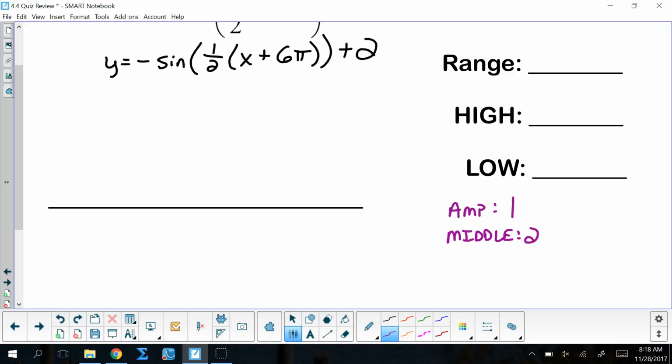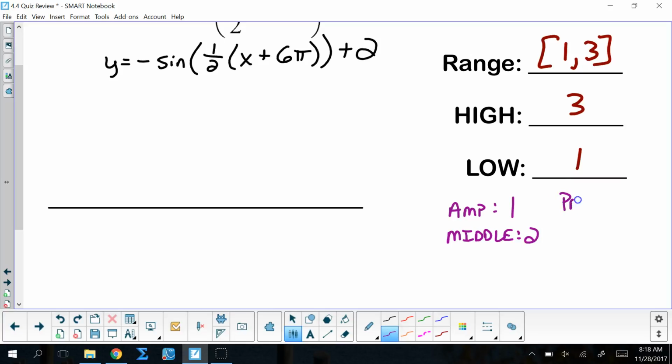So that means my high value is 3. My low value is 1. My range is from 1 to 3. Okay.